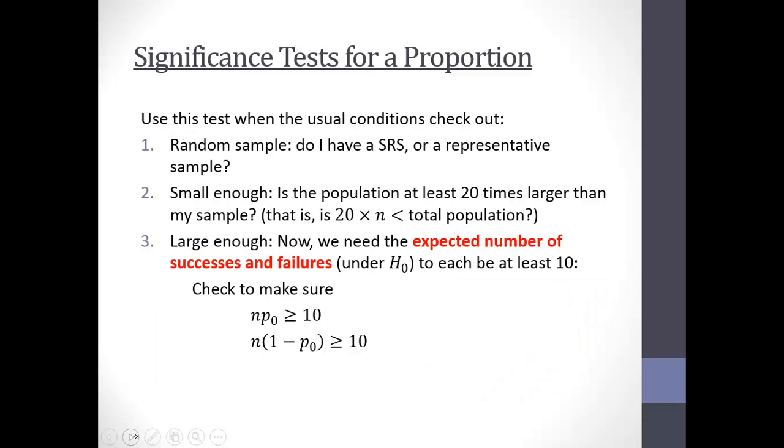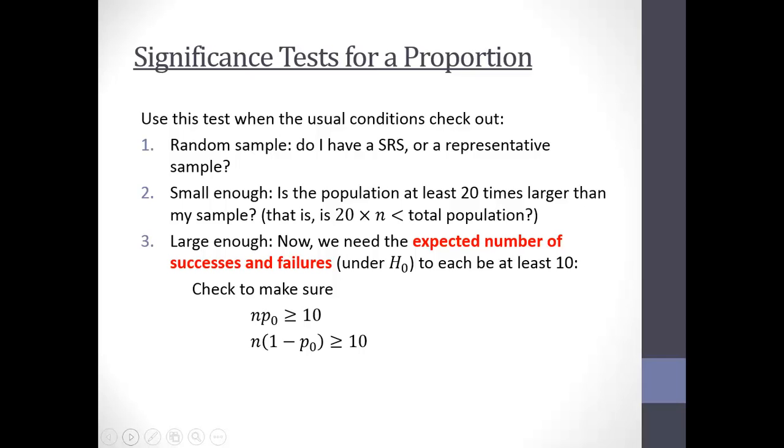And then again, a reminder that our conditions here are going to be slightly different than they were with the confidence interval. The first two are going to stay the same, but the last one changes slightly. Again, the same idea: we're assuming that the true proportion is p0. So we want to use that p0 in our conditions to make sure that now our expected number of successes and our expected number of failures are each at least 10.